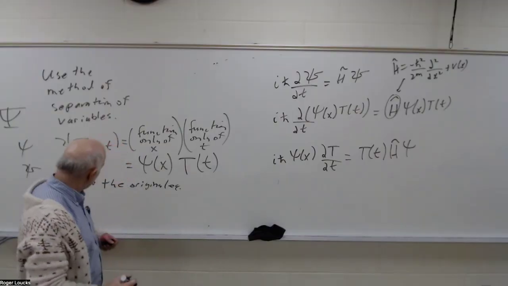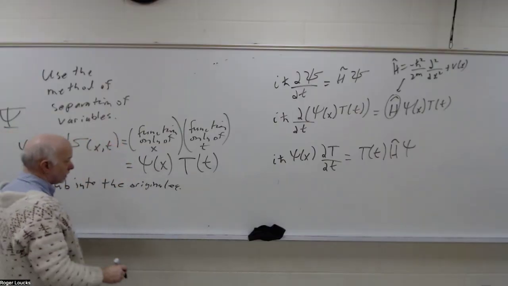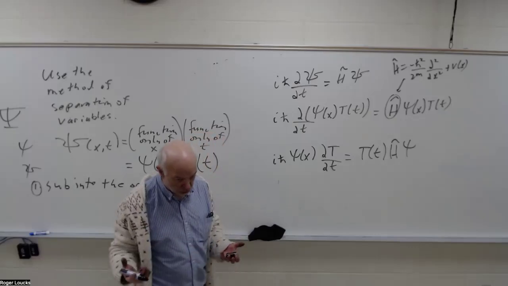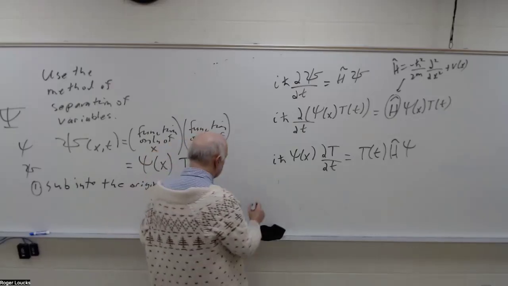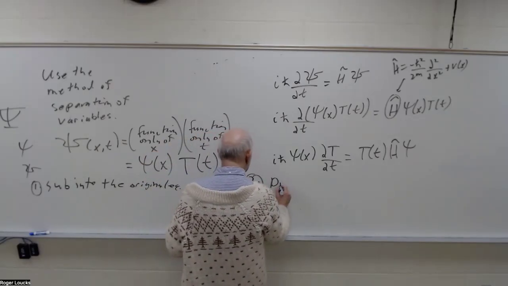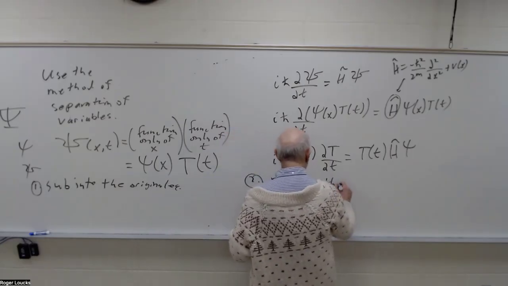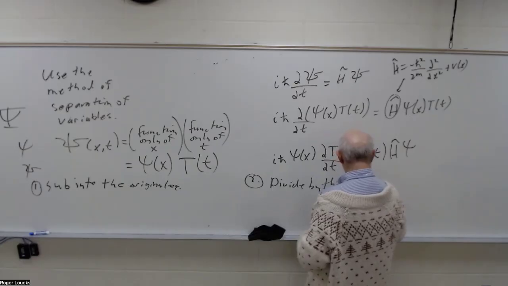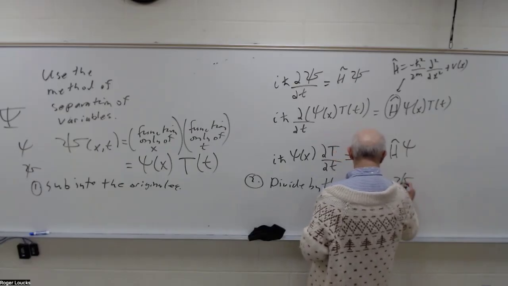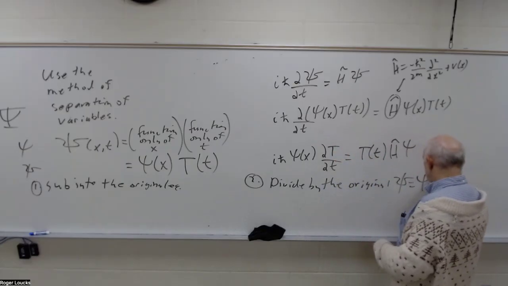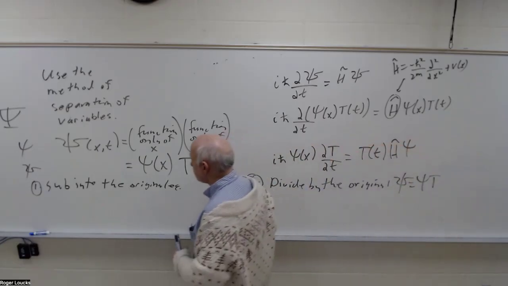And then the next step, so if I call this 1, the next step is 2, and it's always these orders that you do. It's always the same for all these. Step 2: divide by the original psi. Divide both sides by this.